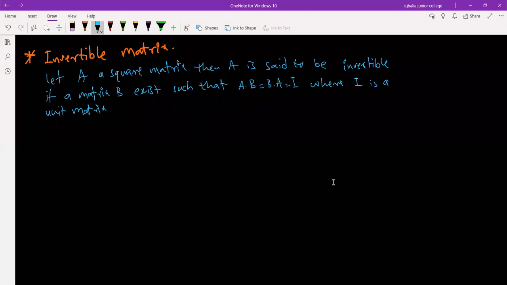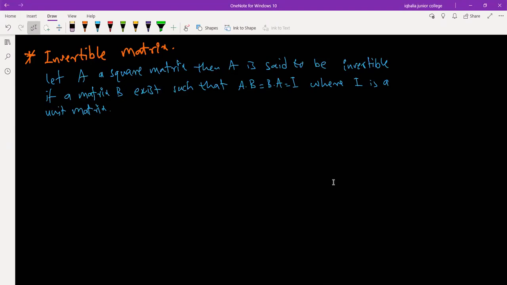We can observe that there are two matrices, and when we multiply those two matrices and get a unit matrix or identity matrix, that matrix is called an invertible matrix. I'm not going to take an example; this is the definition you have to keep in your mind.